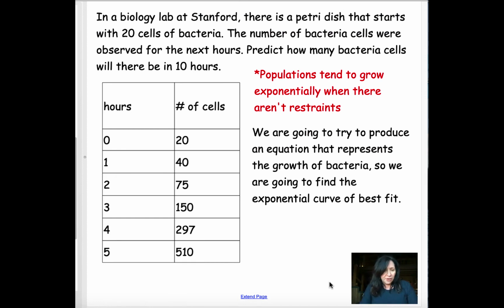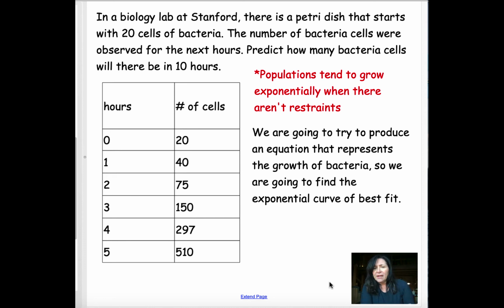So what I'd like to do right now is another one that I'd like you to try. Go ahead and do this on your own. This is giving you information: hours and cells. I would pause the screen right now and allow you to type your information in. This is about growth in bacteria cells.